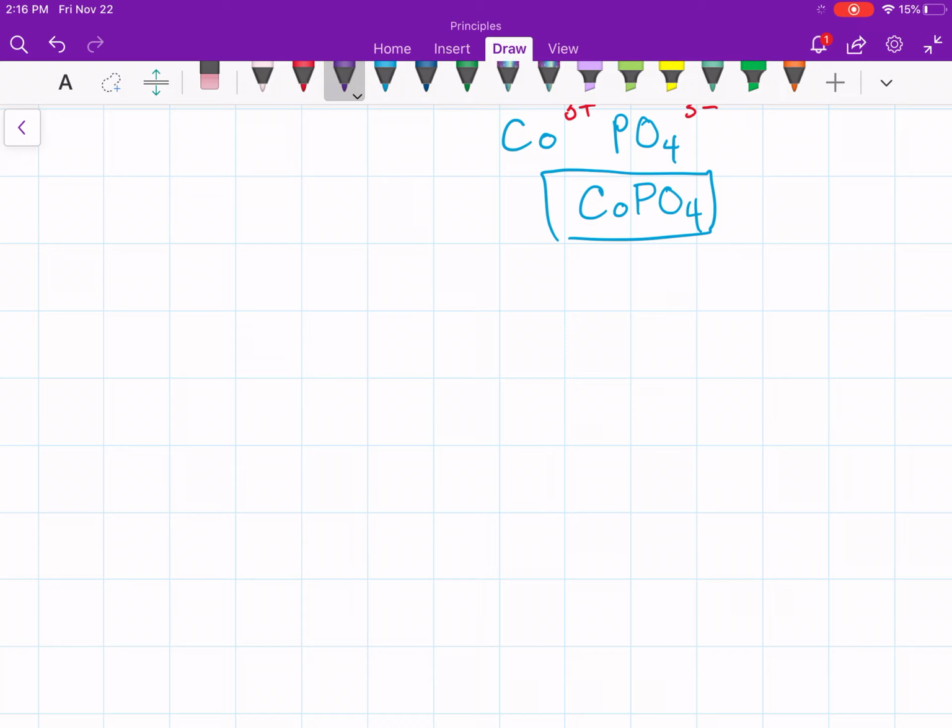All right, let's go with copper 1 nitride. What do you think that formula is going to be? Okay, so hopefully you recognize that that Roman numeral 1 means that this is copper with a 1 plus charge.